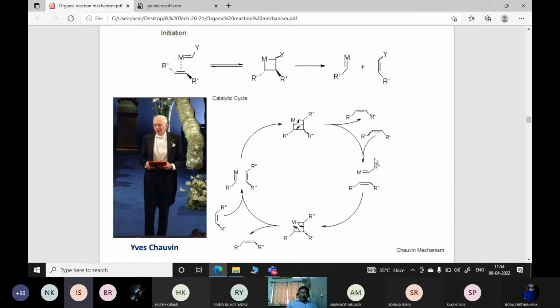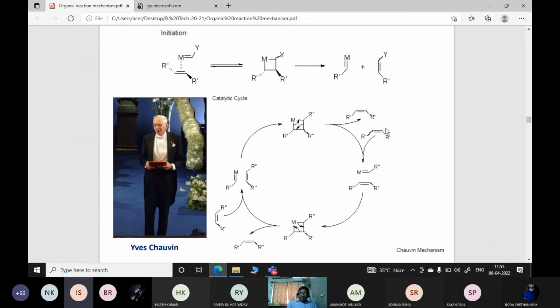So that reaction is shown in a cyclic manner. You see here, this is the metal catalyst, and this is the alkene. What I told you, that forms the four-membered ring. This metal-carbon as well as carbon-carbon bond breaks, and a new alkene with the exchanged alkyl group forms, and the catalyst with the metal-carbon double bond with the R group regenerates.